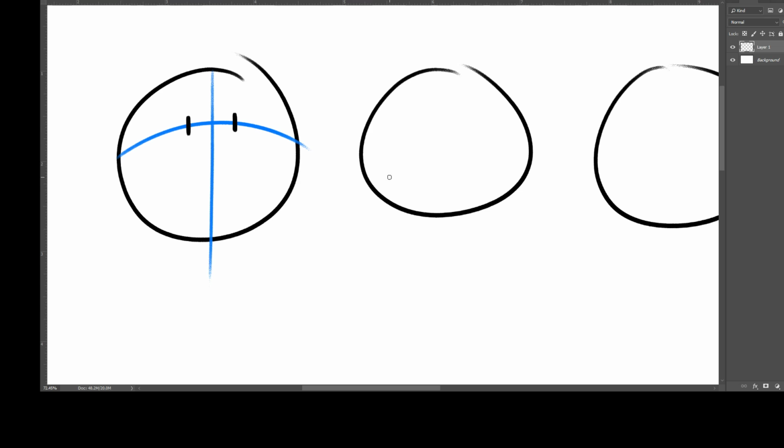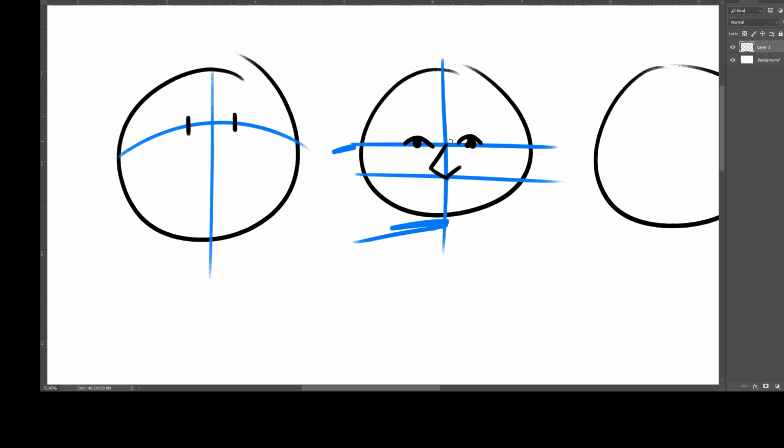Typically, if you're looking straight on at somebody and the eyes are in the center, the nose is usually halfway between this center line and the bottom of the chin. So halfway in there is kind of going to be where the nose falls.